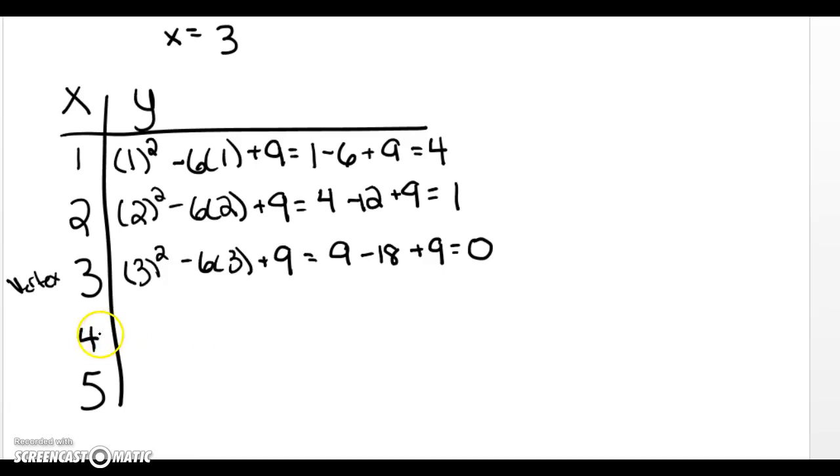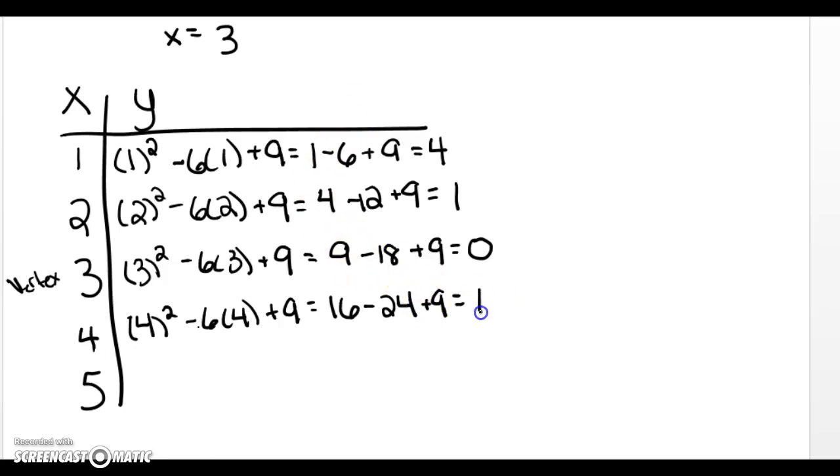So we'll put 4 in for x, so we have 4 squared minus 6 times 4 plus 9. 4 squared is 16. Negative 6 times 4 is negative 24, and then plus 9. So 16 minus 24 is negative 8, plus 9 is positive 1.